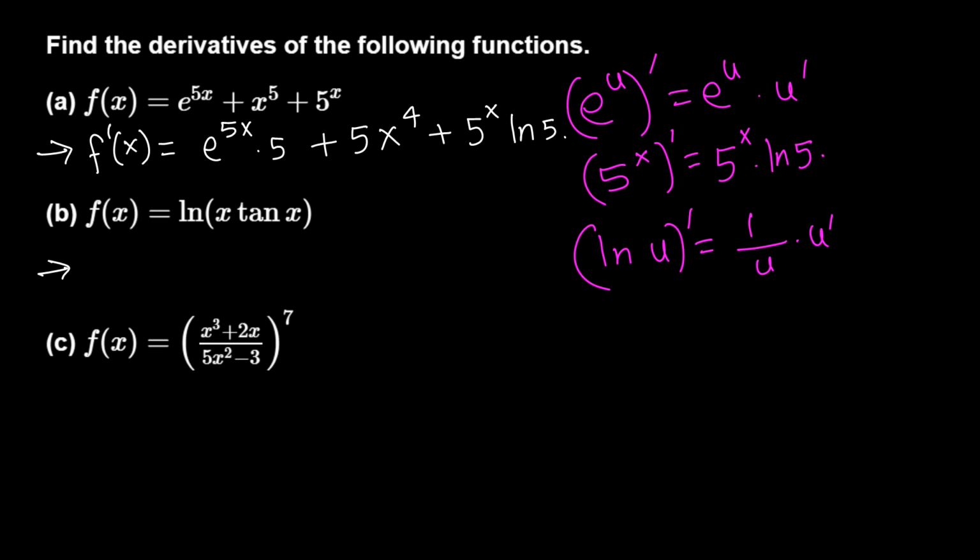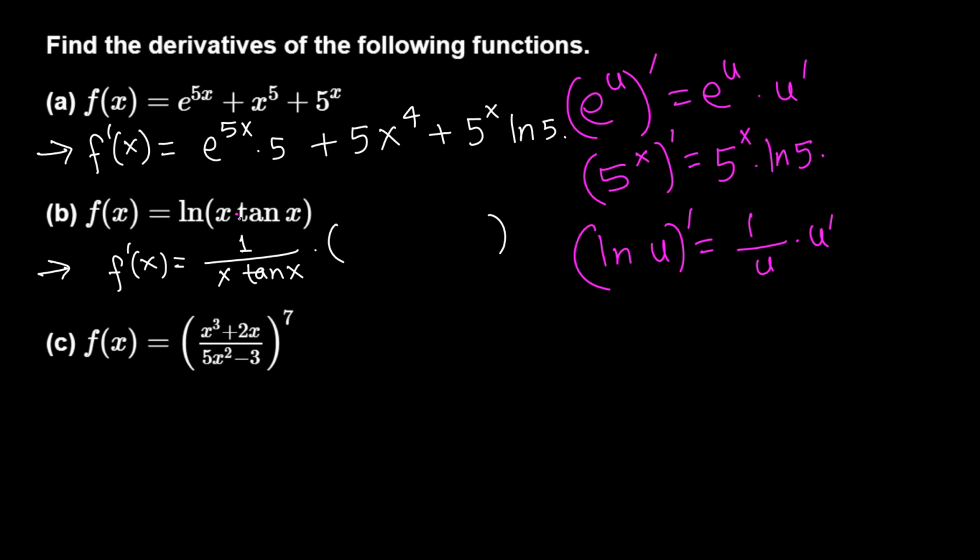So in this case, the derivative of this function is 1 over this inside function, x tangent x, times the derivative of this, which is in fact a product of two functions. So we are supposed to write the derivative of this inner function, that is a product. Okay, so we need to use the product rule.